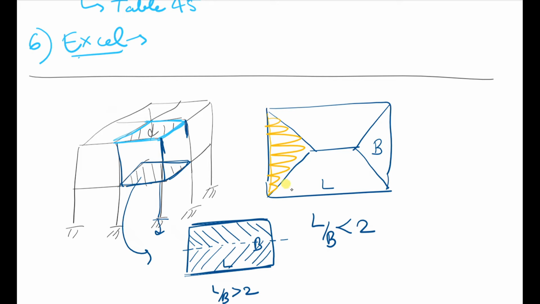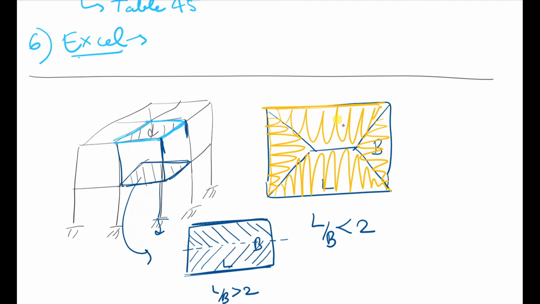This triangular load. You see this triangular load? This load is taken by this beam. This trapezoidal load is taken by this beam. Similarly, this trapezoidal load is taken by this beam, and this triangular load is taken by this beam. So this is the load distribution.